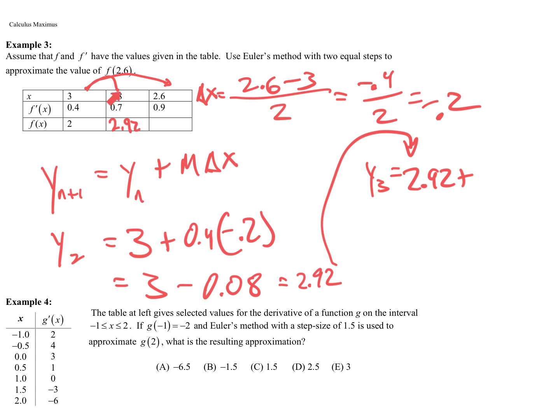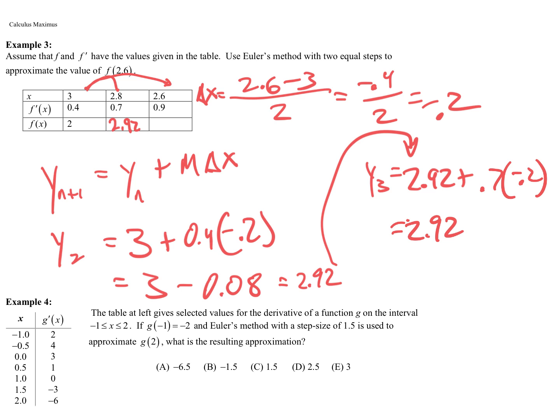Well, the slope at this point is 0.7. Okay, so our slope is 0.7 times delta x, which is negative 0.2.